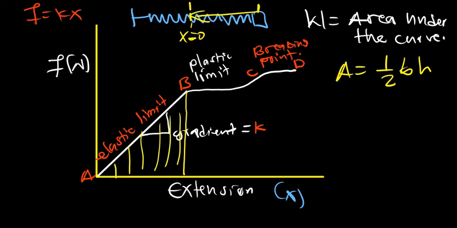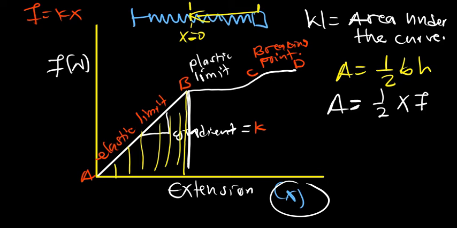Here B is the base, which is x, and H is the height, the force on the y-axis. So I can rearrange this and say area is equal to half F times x.